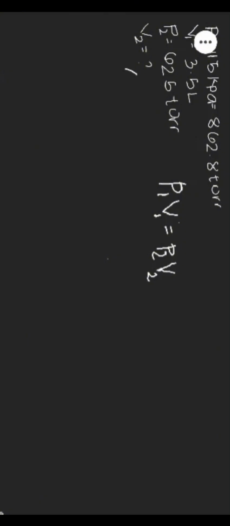Now let's substitute all the given values. 862.8 torr times 3.5 liters is equal to 625 torr times V2.